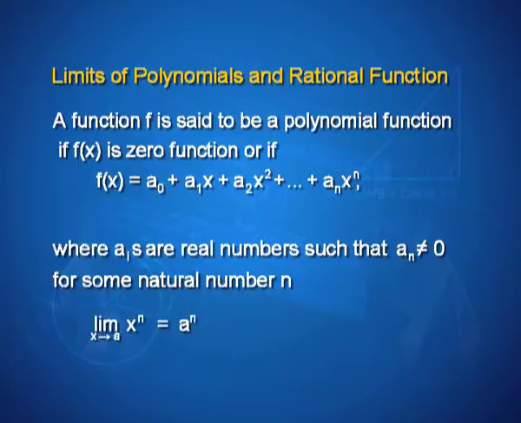Limit x to the power n as x tends to a is equal to a to the power n, that is limit f of x as x tends to a is equal to f of a.